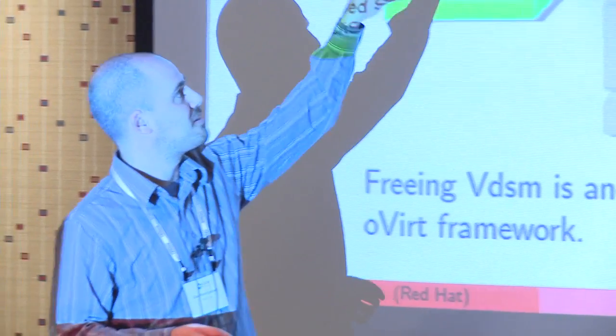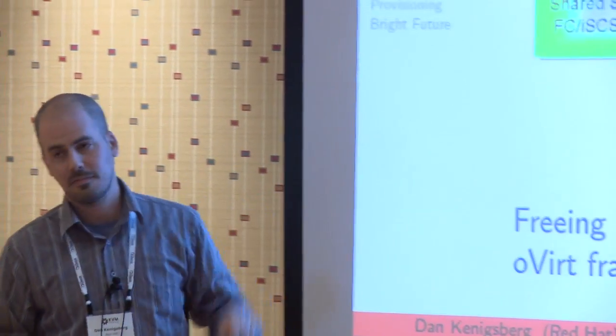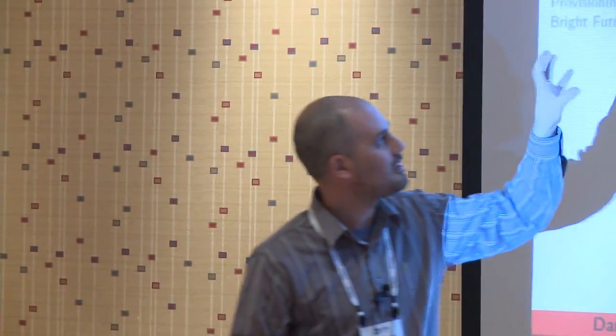So just a quick look at a block diagram of the product, RHEV-M, and where VDSM hides somewhere here. oVirt has this big block of Red Hat Enterprise Management that controls the whole concert of virtual machines.